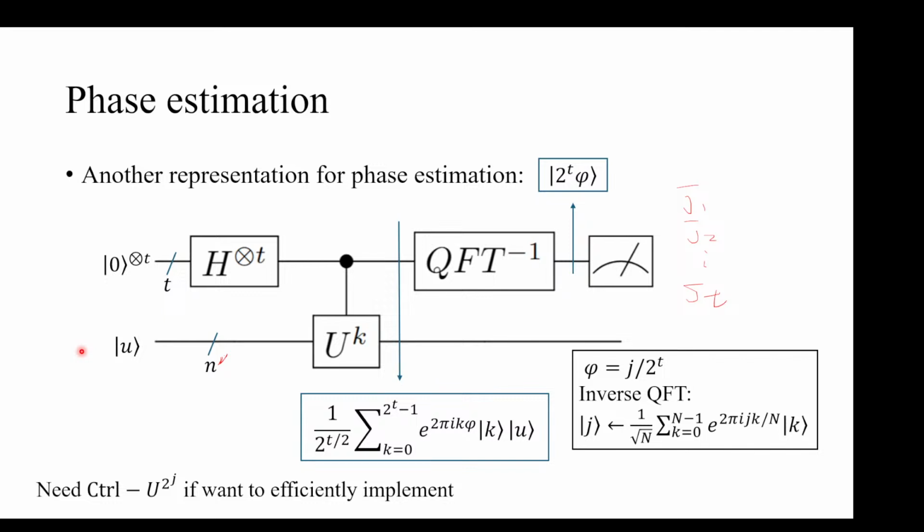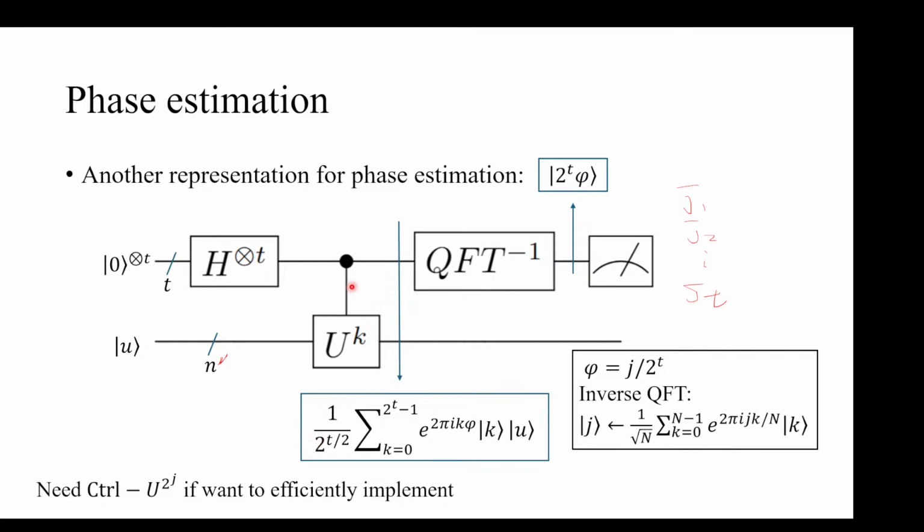And here is a schematic of our phase estimation circuit. The only different part is that we write down the middle part in a more compact form, consolidating the first t qubits. We start with 0 to the t, and then apply Hadamard to the t here.